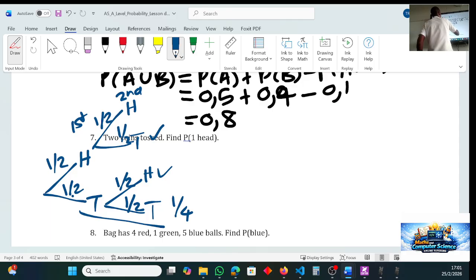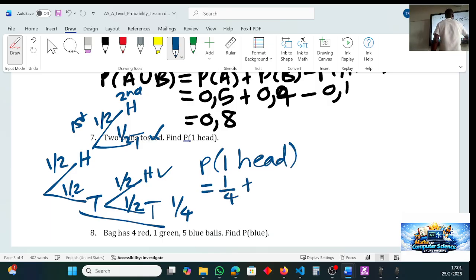Because I want one head, I can only find one head where I have the ticks there. So the probability that I'll get one head will be given by 1 over 4 plus 1 over 4, because each probability there gives us 1 over 4. So finally, I'll get 1 over 2 when I simplify.